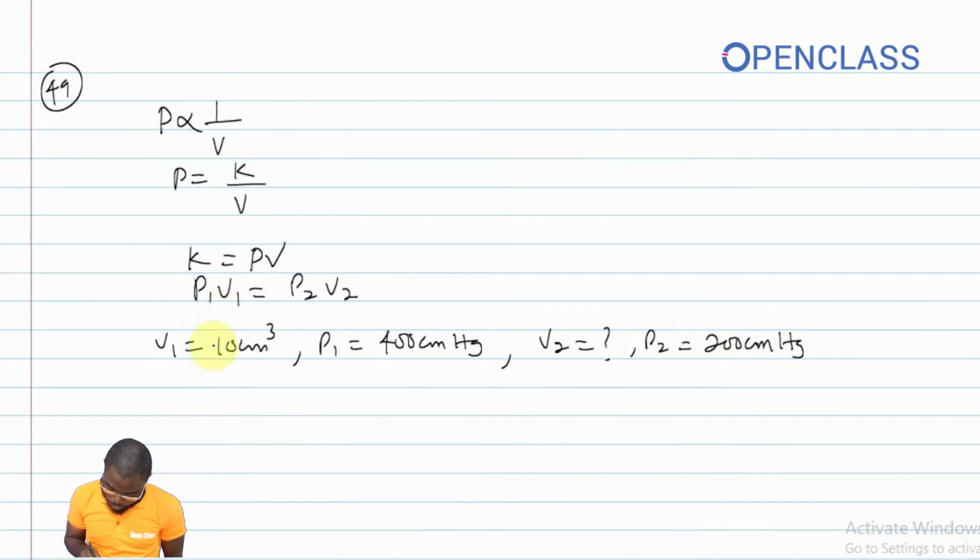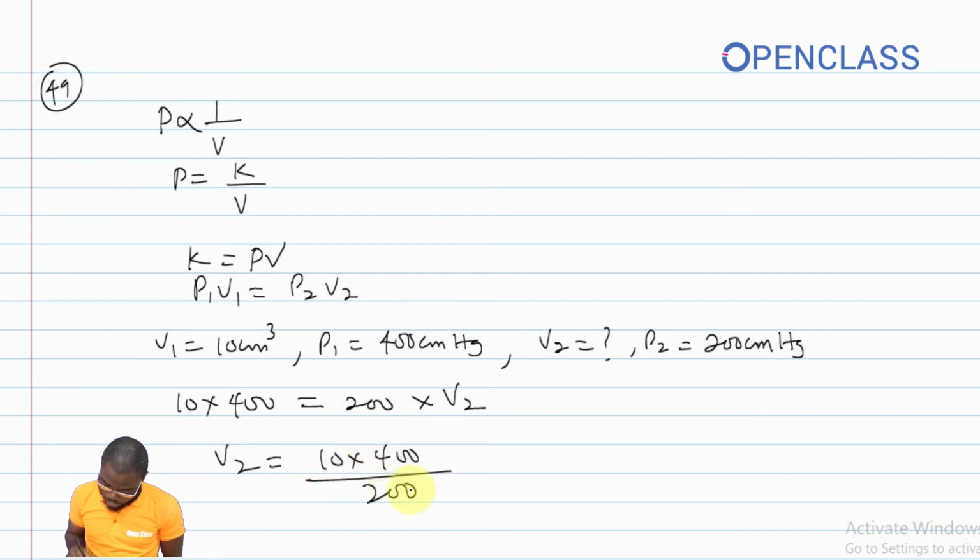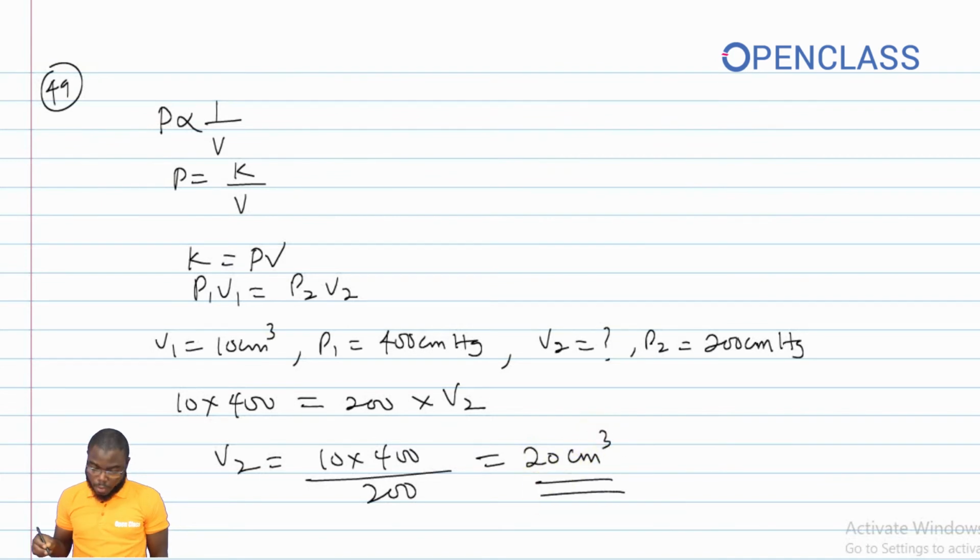So P1 V1, that's 10 times 400, equals P2, 200, times V2. So V2 equals 10 times 400 divided by 200, which is 20. So V2 will be equal to 20 centimeter cube.